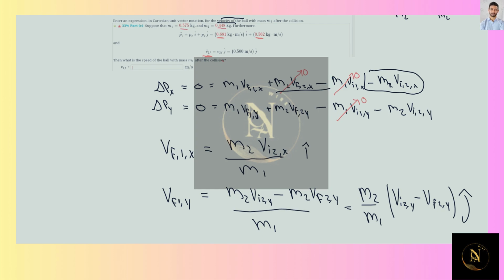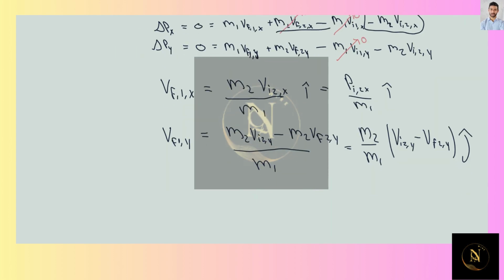In this case, since the momentum is provided and not the velocities directly, what we can say is that this is going to be equal to the initial momentum for 2 on the x-axis divided by mass 1 multiplied by the i unit vector, and the final velocity on y would be equal to initial momentum for 2 on y minus final momentum of 2 on y, divided by mass 1.